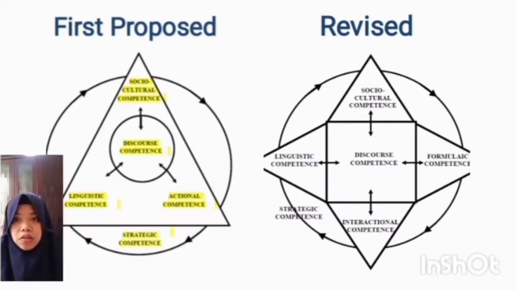The circle surrounding the pyramid is strategic competence, an available inventory of communicative, cognitive, and metacognitive strategies that allow a skilled interlocutor to negotiate meanings, resolve ambiguities, and compensate for deficiencies in any of the other competencies.